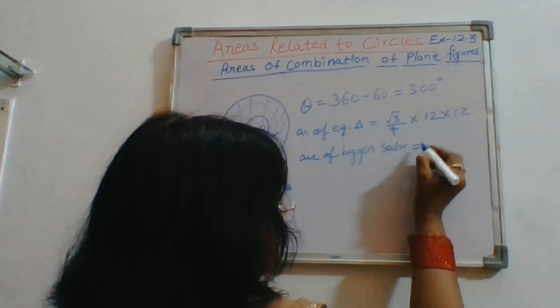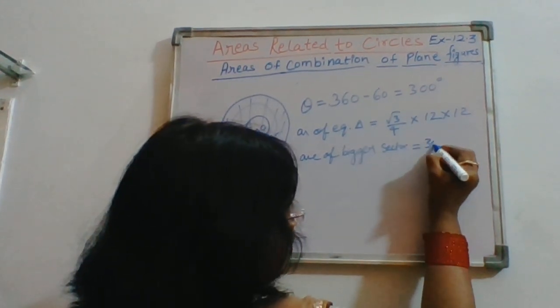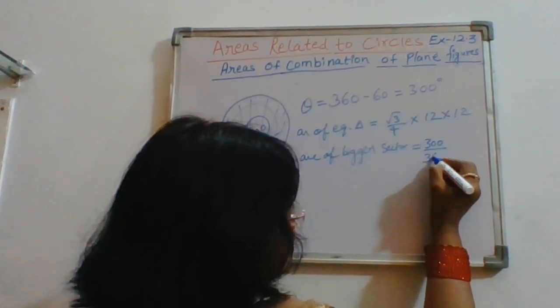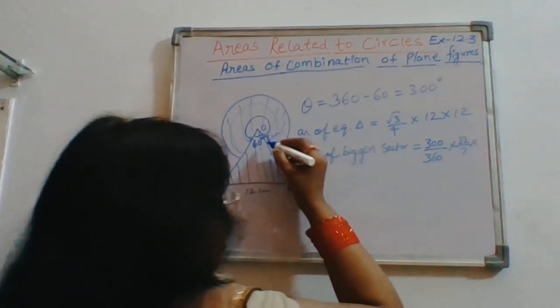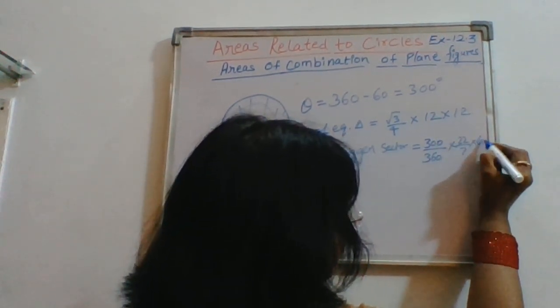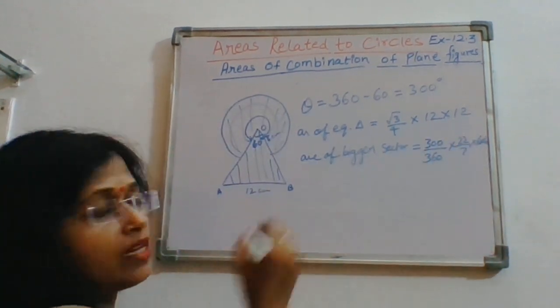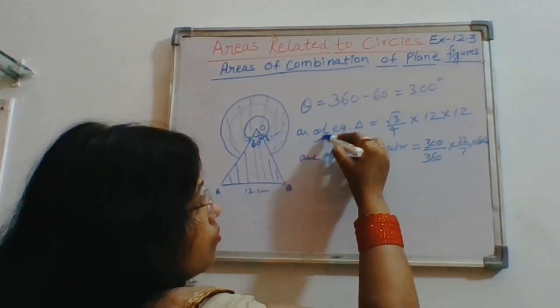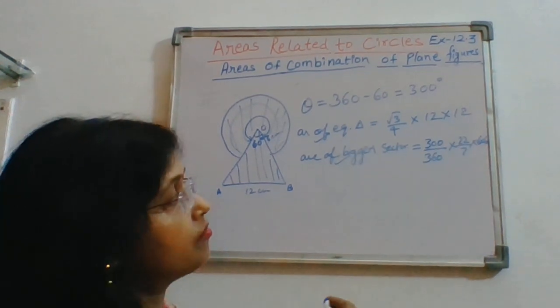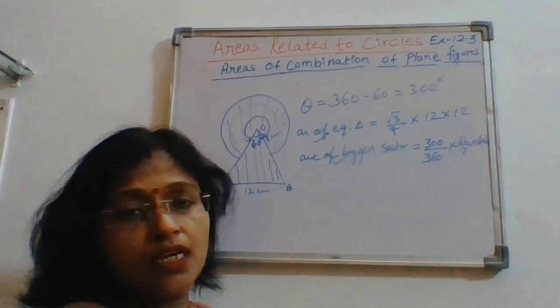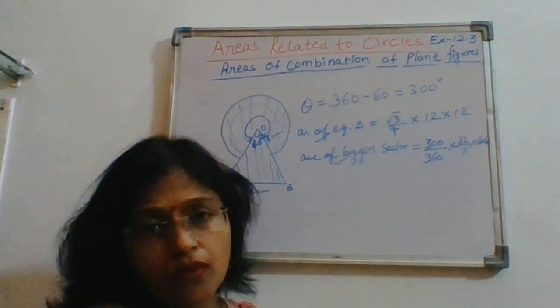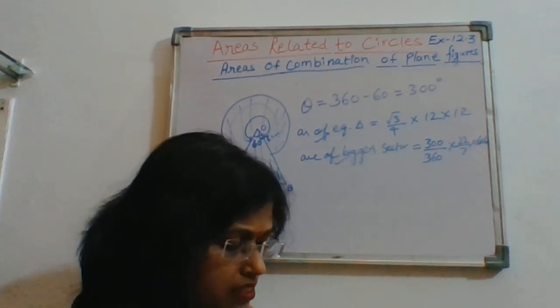So this time the theta is how much? 300. Theta upon 360 into pi r square, 22 by 7 into R is 6, 6 into 6. So simply you can calculate this. So area of the equilateral triangle plus area of the bigger sector will be the area of this complete combination of the two figures.